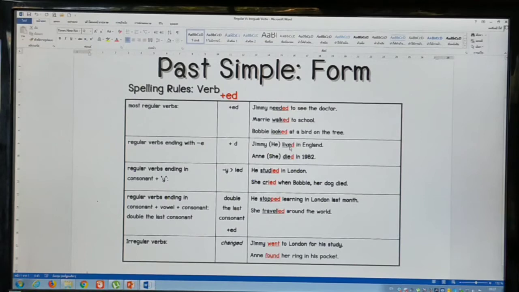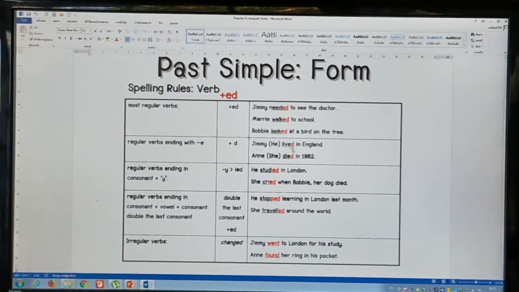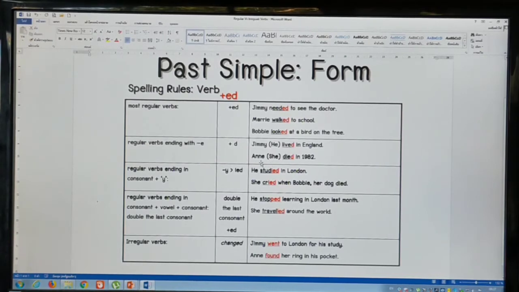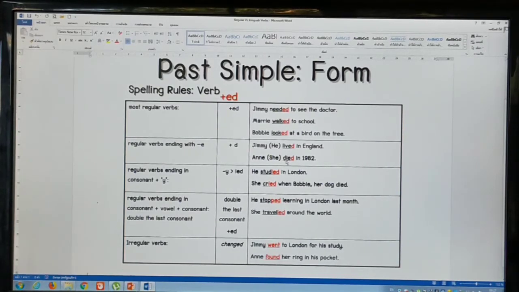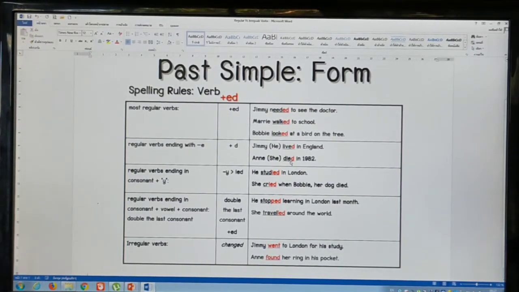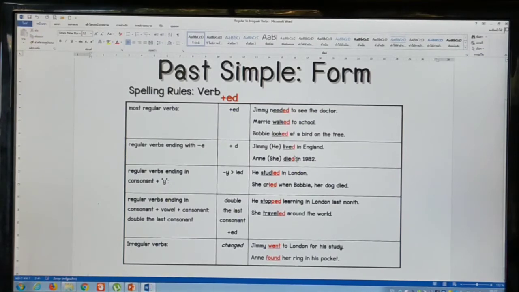So to make it verb 2, you have to add d. So Jimmy lived in England. Same with number 2. Anne died in 1982. The regular verb here is die and it ends with e. So you have to add d to make it verb 2.